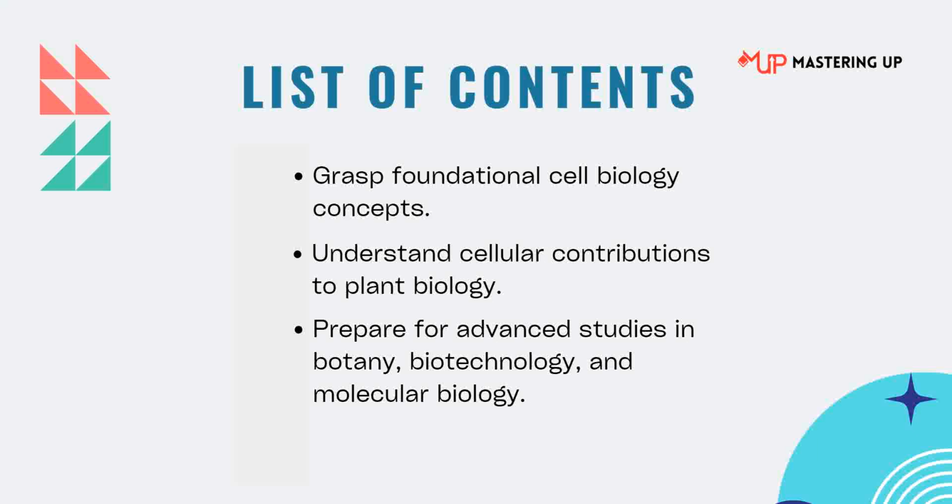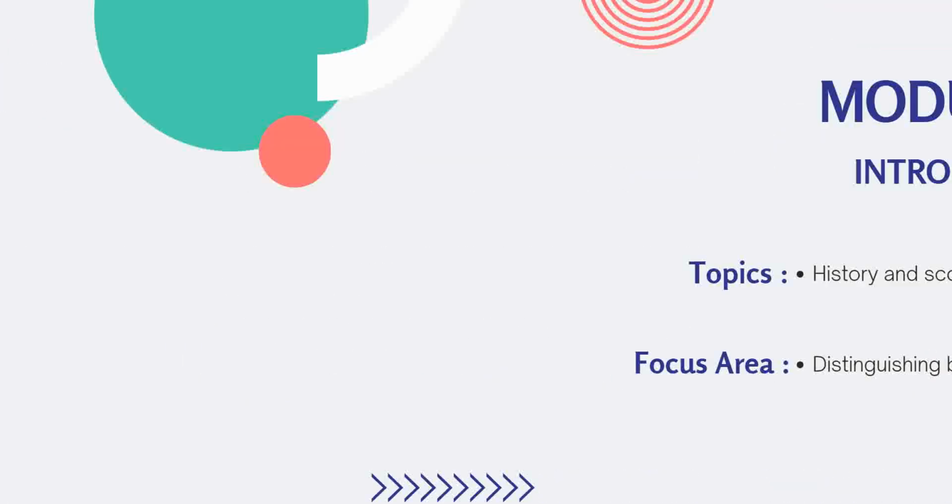Our primary focus is understanding the cellular contribution to plant biology and mastering the foundational concepts in cell biology. Each module is designed to build on the last, giving you a solid understanding of how cells function and how they impact plant development. Let's explore each module in detail.